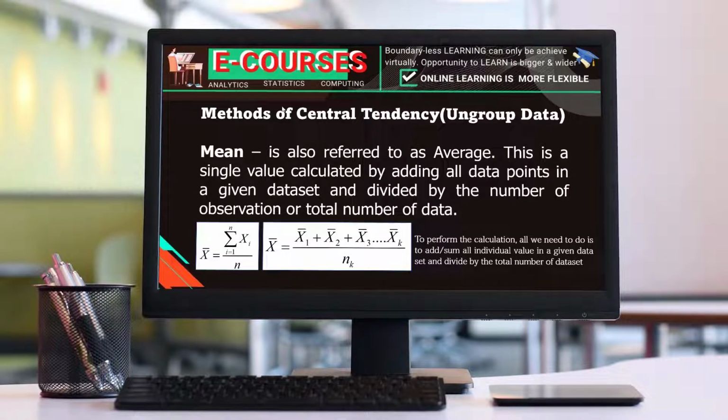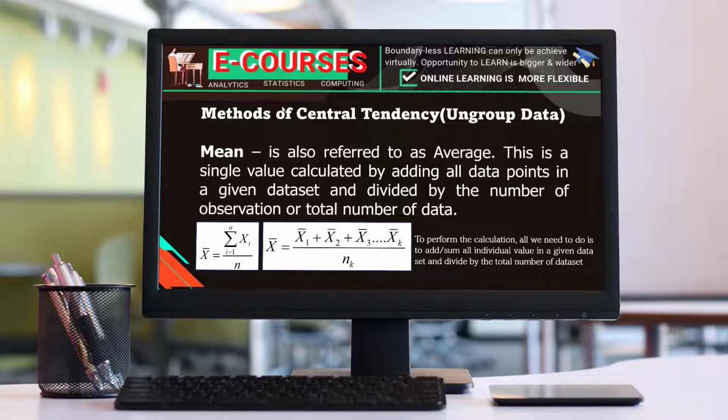Alright, so for the first illustration, we are going to illustrate the measure of central tendency for ungrouped data. In our next video, I will discuss the measure of central tendency for grouped data. But this time, make sure that you understand that this is only for ungrouped data.